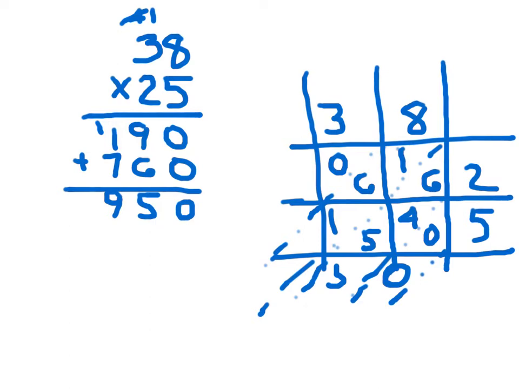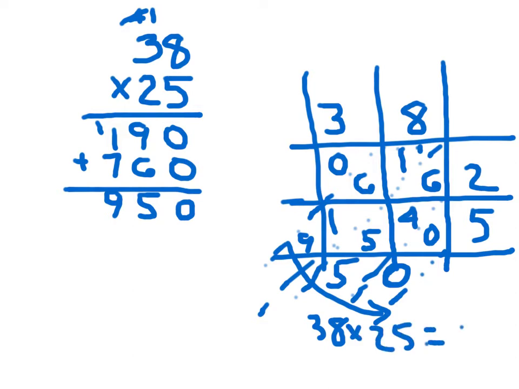So that is a 5, and we'll regroup the 1. 1 plus 1 is 2, plus 6 is 8, plus 1 more is 9. And so my answer is 950. 38 times 25 equals 950, which is the same as this approach right here. Both approaches give us the same answer.